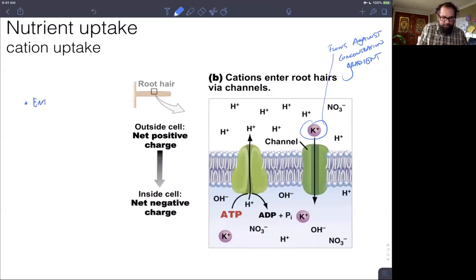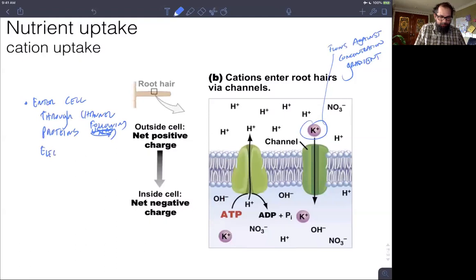So they enter the cell through channel proteins, using, or I should say following, that electrochemical gradient.